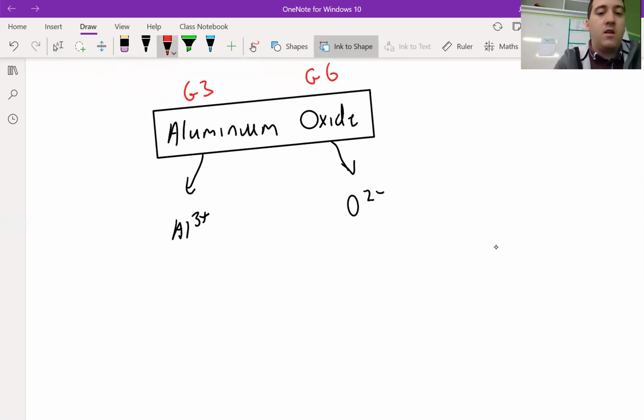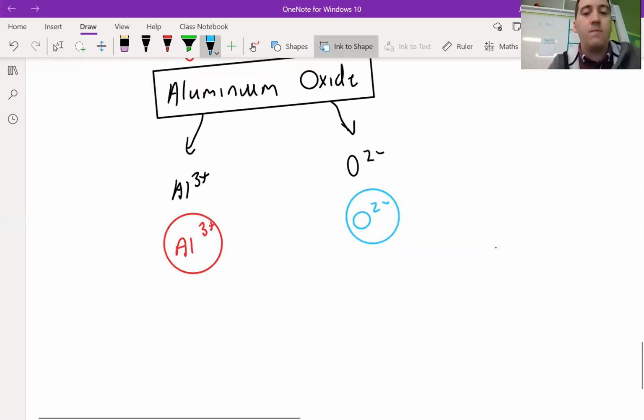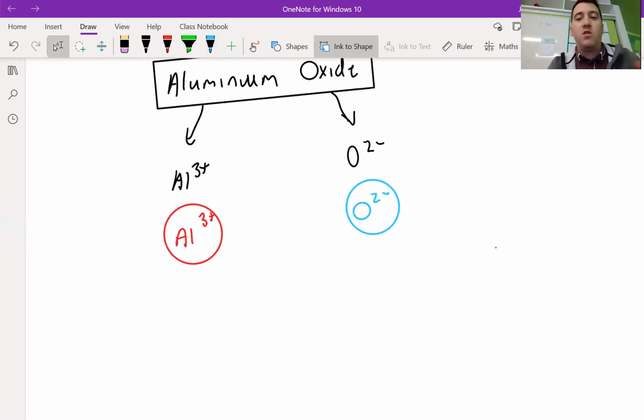Draw them out. We've got Al3+, and we've got O2-. Now these numbers are quite hard to figure out. How are they going to balance each other? How are we going to get it to be a neutral compound overall? Because 3 and 2, there's no number that really divides into those equally.